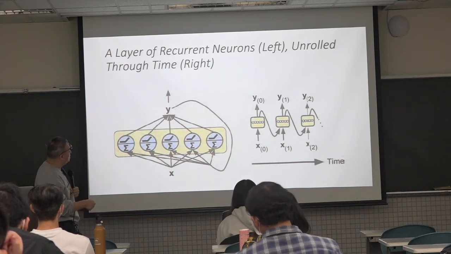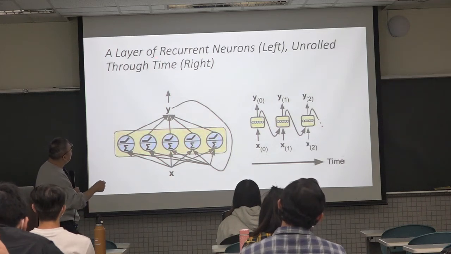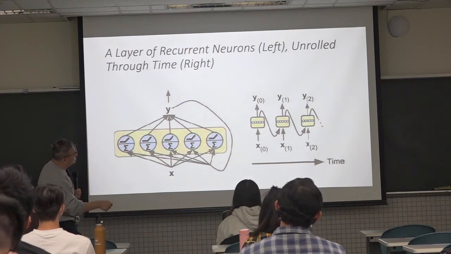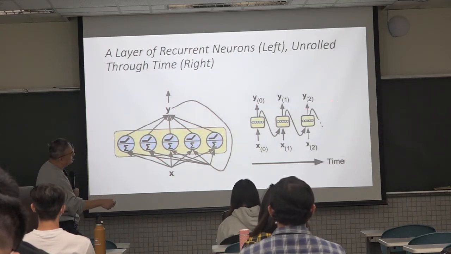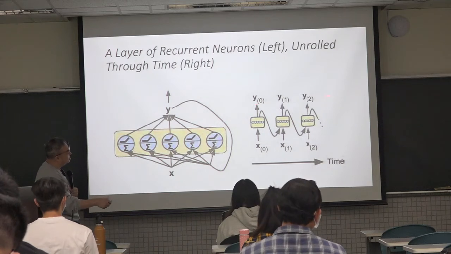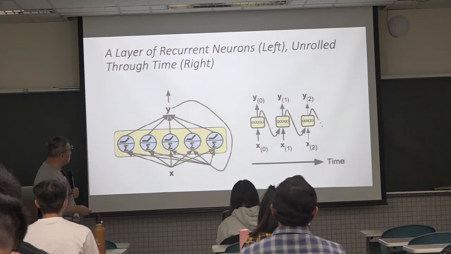You can also consider unrolling through time for the whole layer, and it's going to be something like this. y0, y1, y2 are all vectors, and x0, x1, x2 are all vectors too.